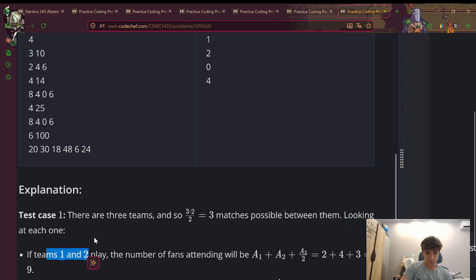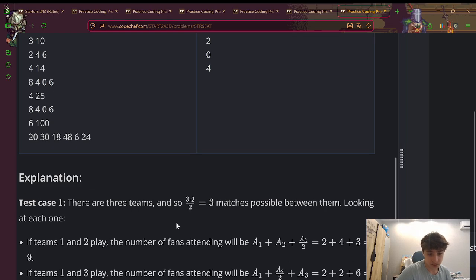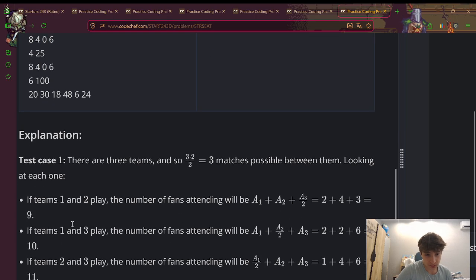If team 1 plays with team 2, the number of fans is logically a1 plus a2, so 2 plus 4 is 6, plus fans from the other team, 6 plus 3 is 9. If teams play, there is going to be a series of brute force, I think.